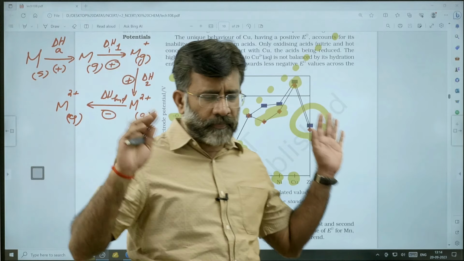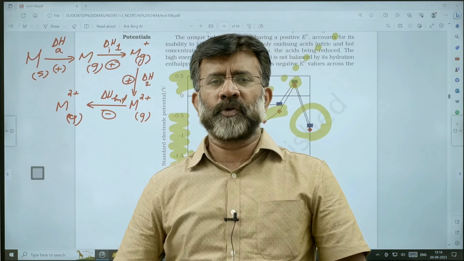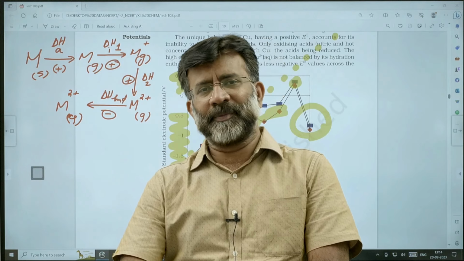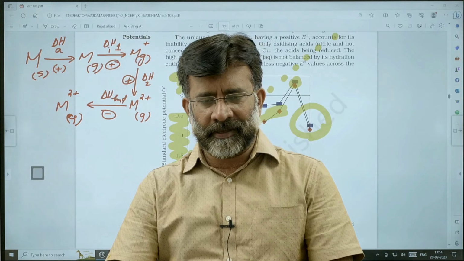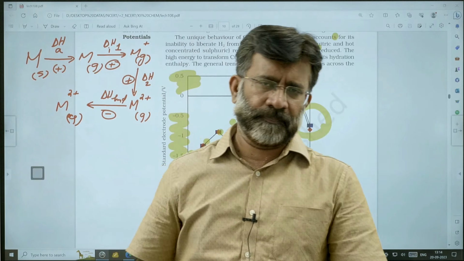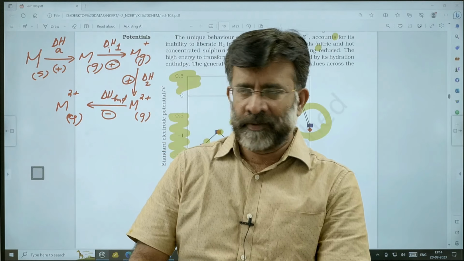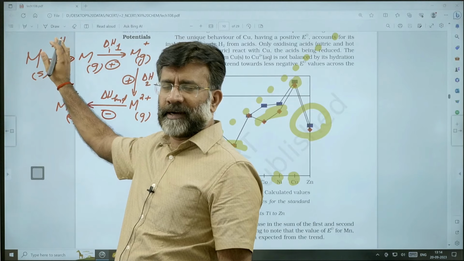I'm sure all of you agree that the feasibility of a reaction depends on its thermodynamic nature. Exothermic reactions are highly favorable. Endothermic reactions are less favorable. If it is endothermic, a low value is favorable. So this is endothermic, and the favorability is decided by a low value.